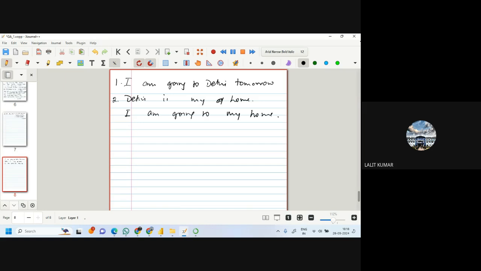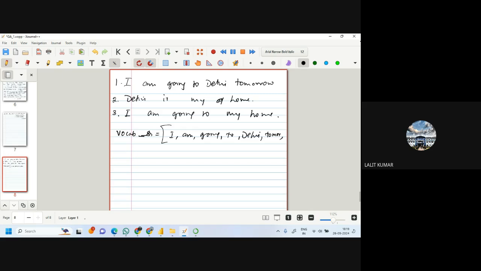One, two, three. So what do we do? Like in the GA, they have also asked what the token size should be. If we see the sequences, first we build the vocabulary. So the vocab will be: I am going to Delhi tomorrow.